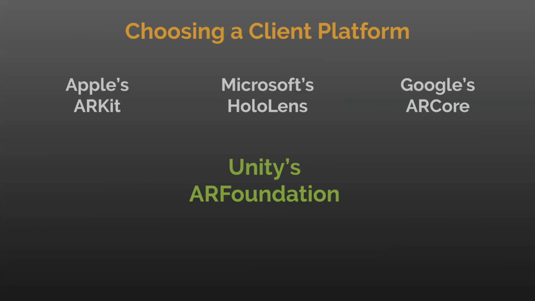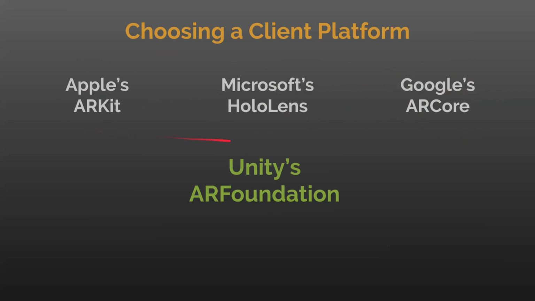So the first thing we had to do is choose a client platform. And right now, the major clients for AR are Apple's ARKit. Microsoft has the HoloLens, and they have a whole development kit around that. And then Google has their own ARCore development kit. The problem is we don't want to write specific code to each of these different platforms.